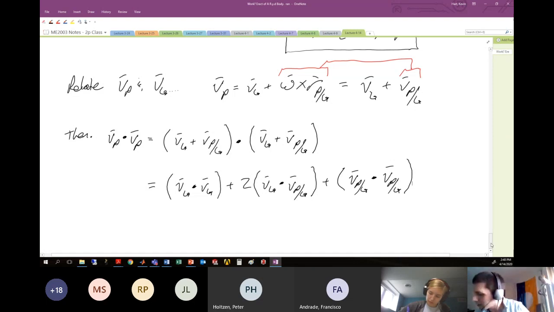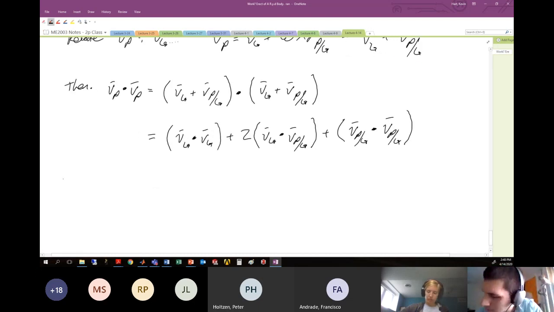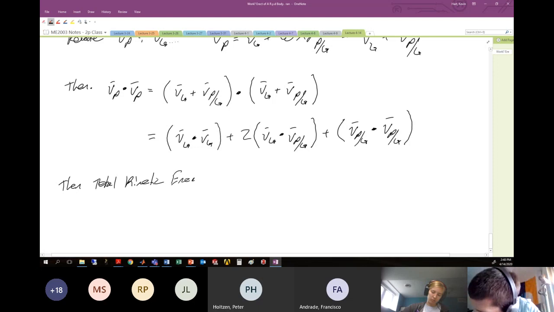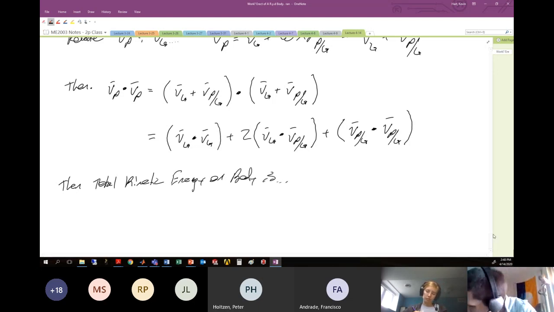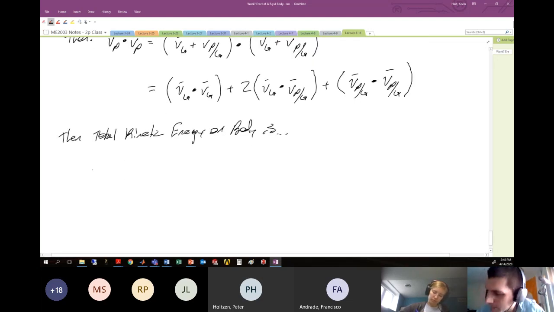Now that we've gotten that out of the way, we can finally sum the contributions of all of the individual components on this body to get the total kinetic energy of this rigid body. So then, total kinetic energy on the body is the following. T on the rigid body is the integral on the mass of all of the differential energy components associated with all of the individual particles.